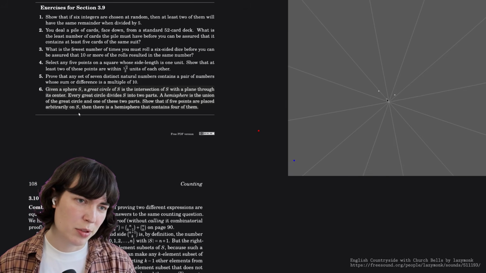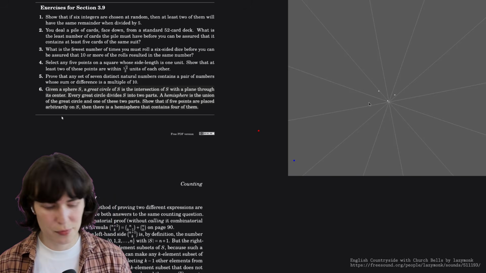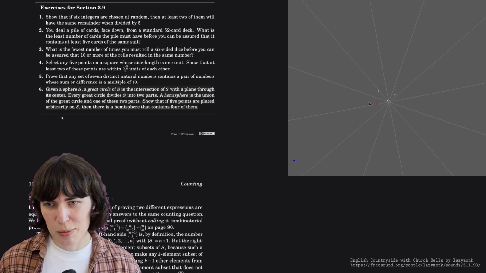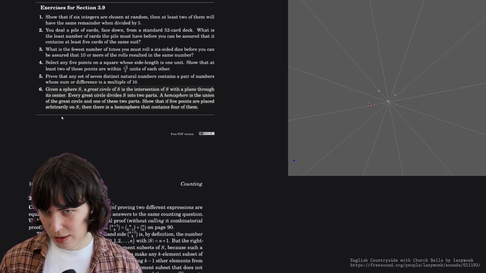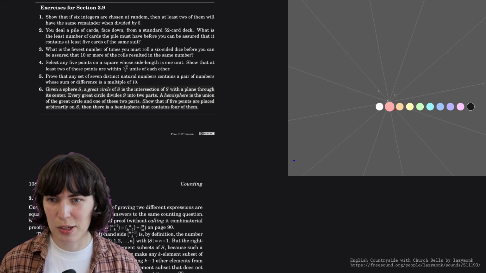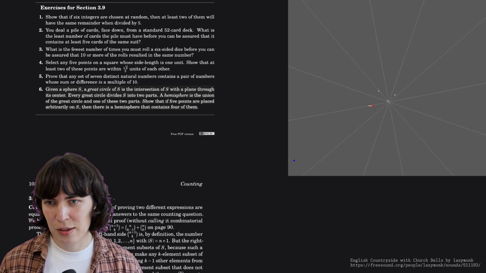So right now they're all in this hemisphere here, and they're all in this hemisphere here. So if we're thinking about these, oh, okay, that's not right. Let me get a nicer color. Think about this. Wow, okay, can't draw a straight line.